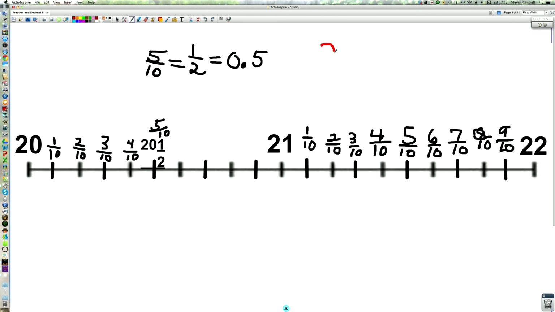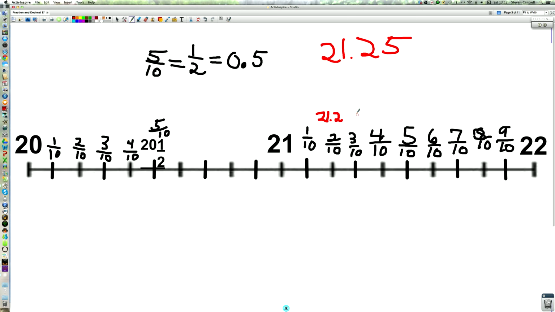21.25. Where is that on this number line? Well, if this is 2/10, this is equivalent to 21.2, right?